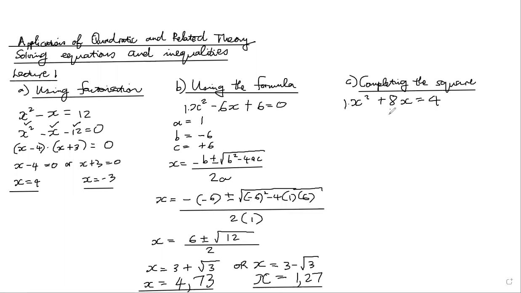The crux here is that we want half of the coefficient of the x term, and we'll square it, add that to the left side and the right side of the equation. We take half the coefficient of 8, which is 4. Put that in a bracket, square it, add it to the left and add it to the right. So if we've added the same quantity to the left and right, the equation remains balanced.